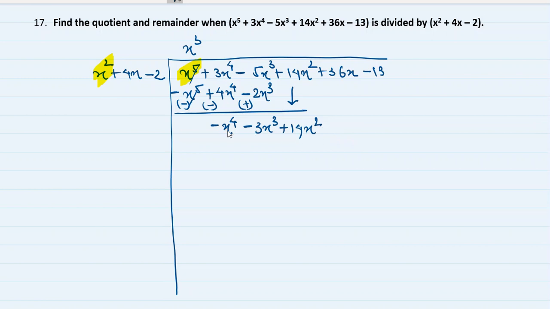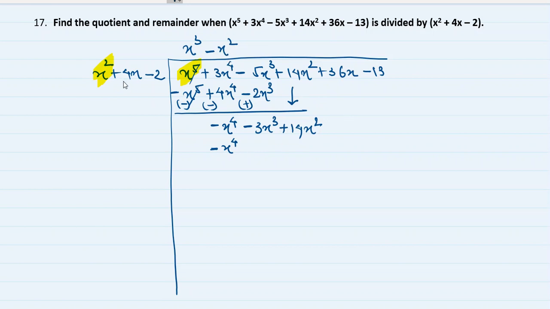Now what? Now you will divide minus x raised to 4 divided by x square. Minus x raised to 4 divided by x square will be minus x square. Okay, minus x square multiplied by x square is minus x raised to 4.